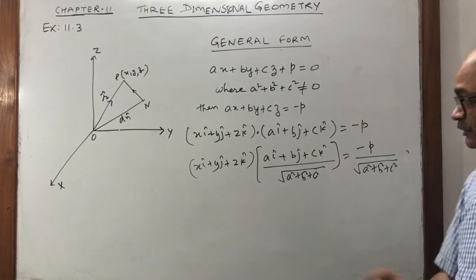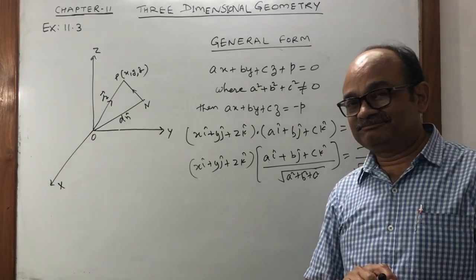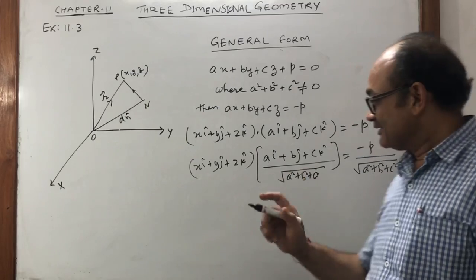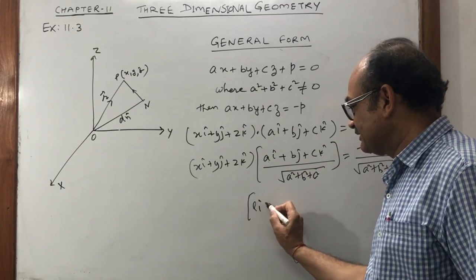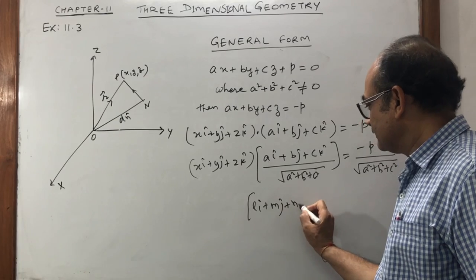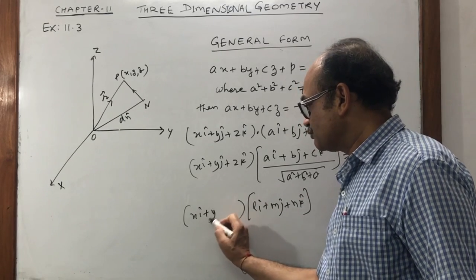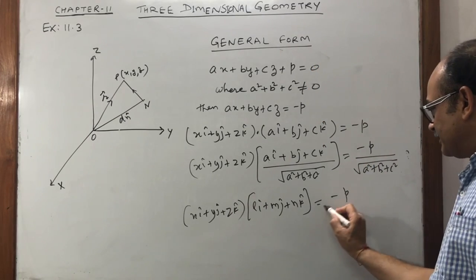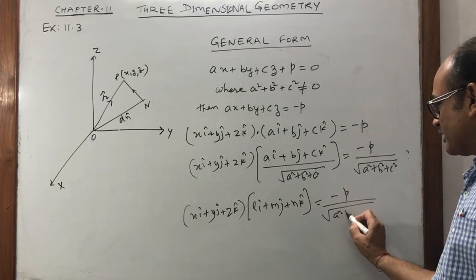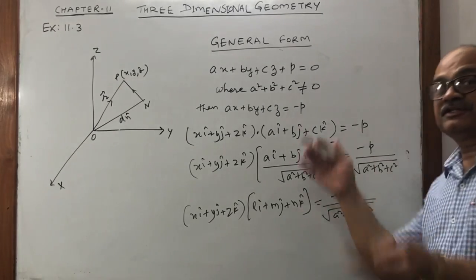Correct? Now a upon magnitude is nothing but, you know very well, converted into DCs. So a upon this one is l. So we can write it as li plus mj plus nk. This is xi plus yj plus zk equals to minus p upon under root a square plus b square plus c square. Now it is converted in the previous general form.